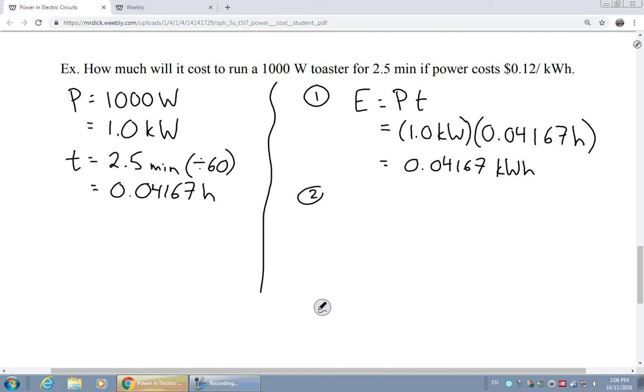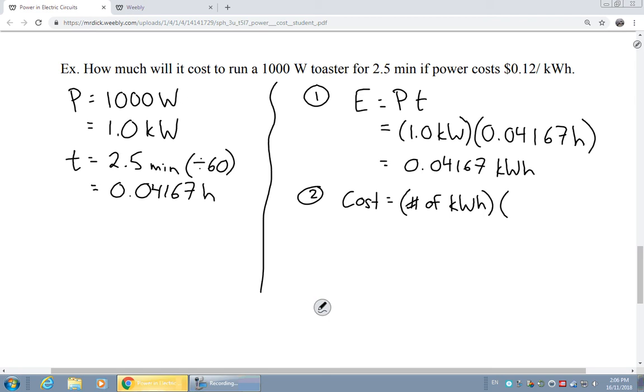So in step 2, we want to actually find the cost. So the cost, if I just write this out as more of a word statement, it's going to be the number of kilowatt hours, which is another way of saying the energy, and that's not a hashtag symbol, that's number of kilowatts.